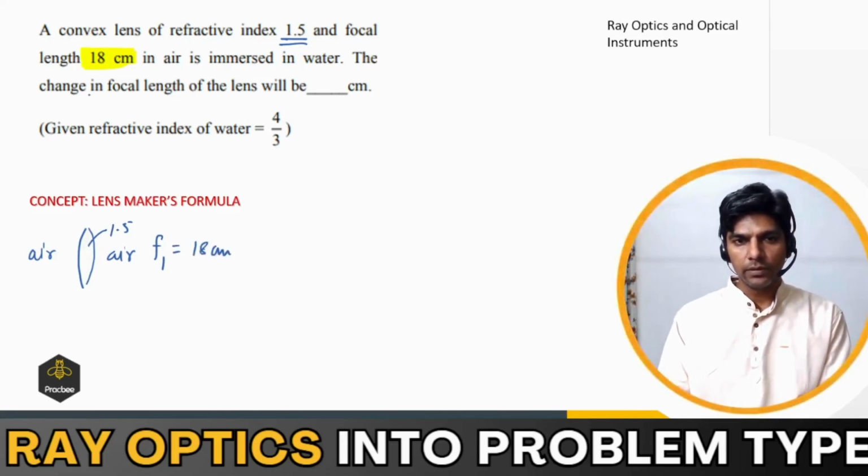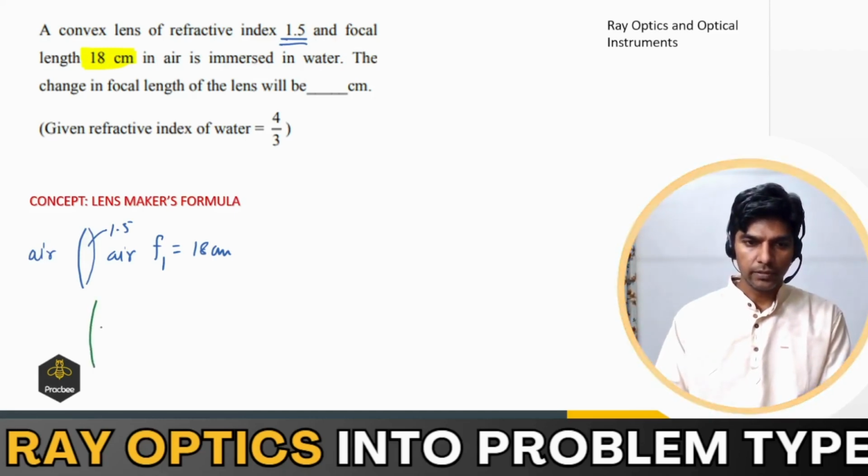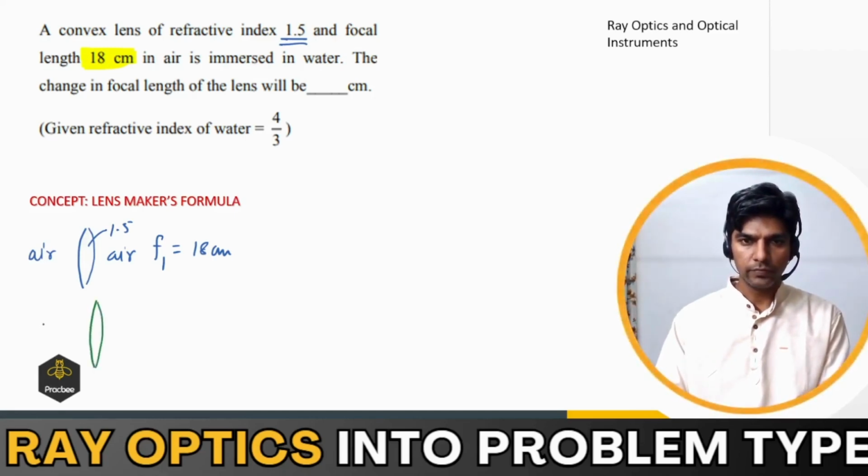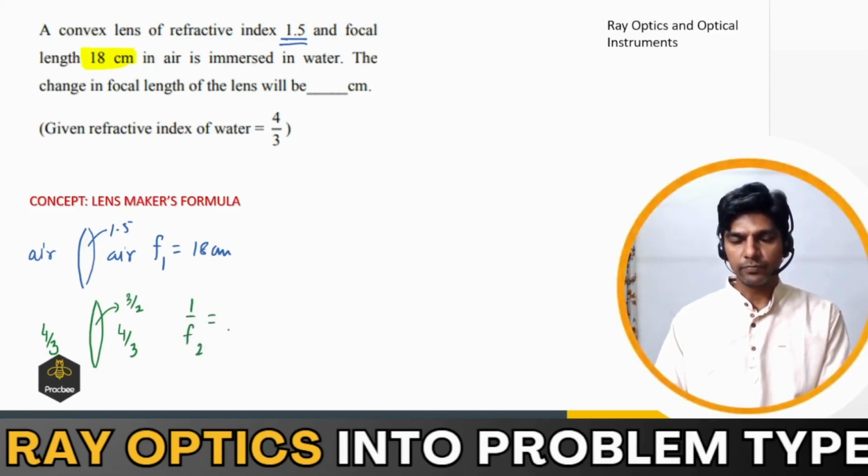Now we have immersed this lens in water, right? Now it is immersed in water where the outside refractive index is 4 by 3 and the lens material has a refractive index 3 by 2. Let us say f2 is the new focal length.